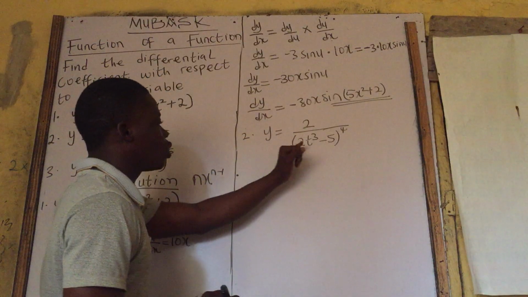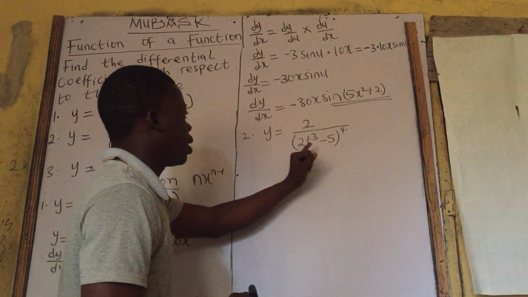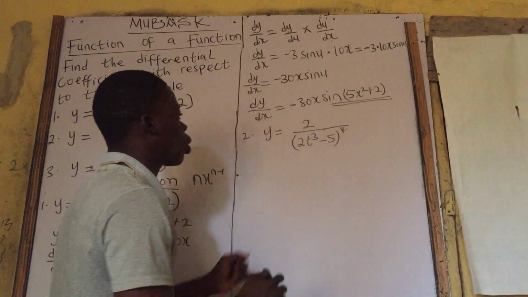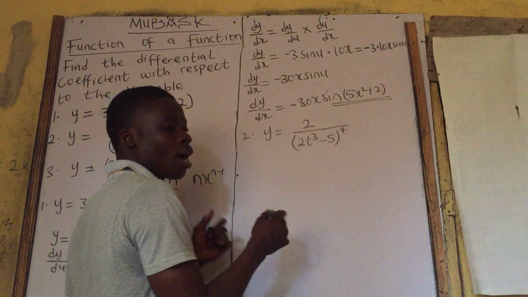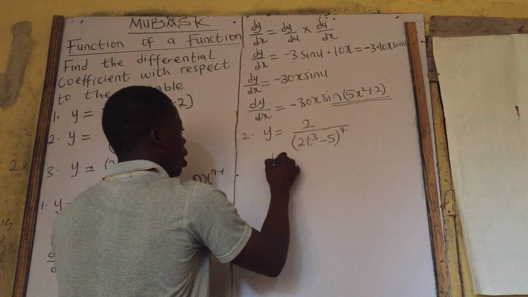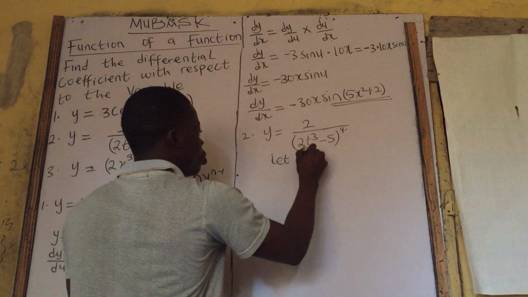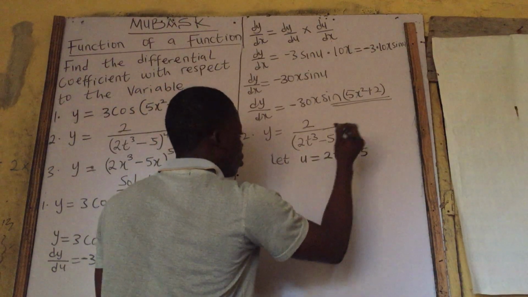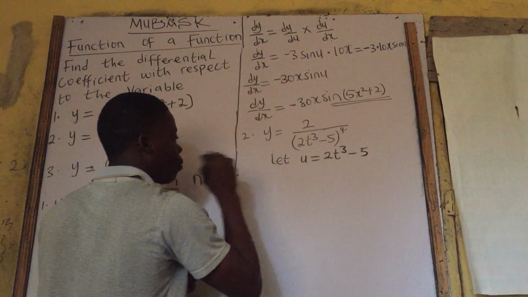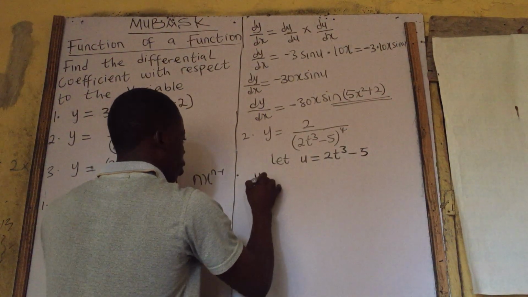Now, if y is a function of t, then our function is 2t³ minus 5. Then we have to let our function be some variable. Now let u equal 2t³ minus 5. Since our function equals u, we can solve it.